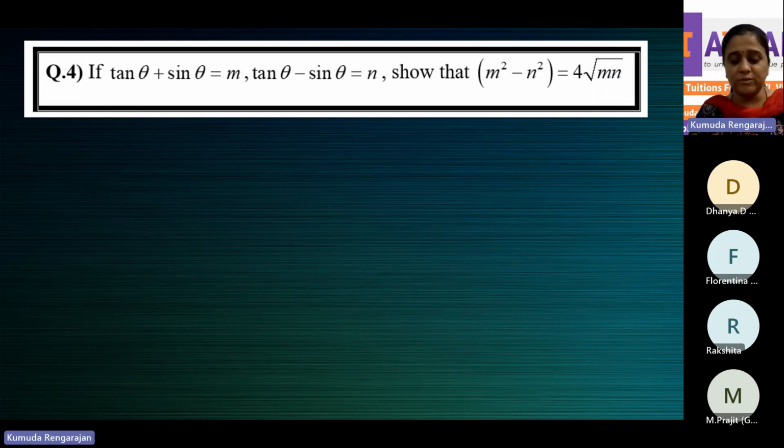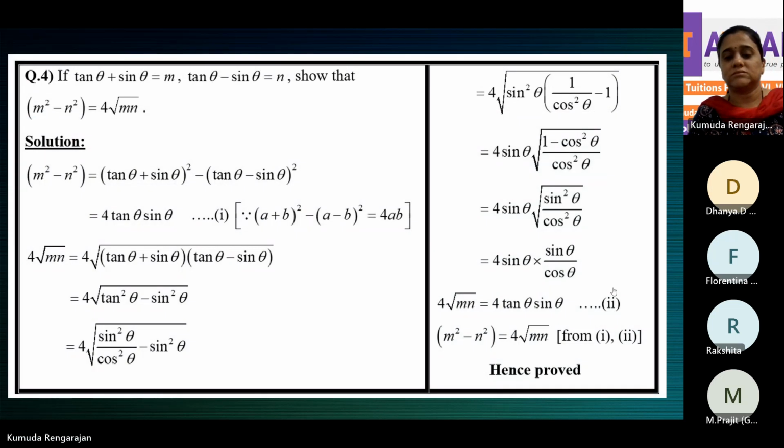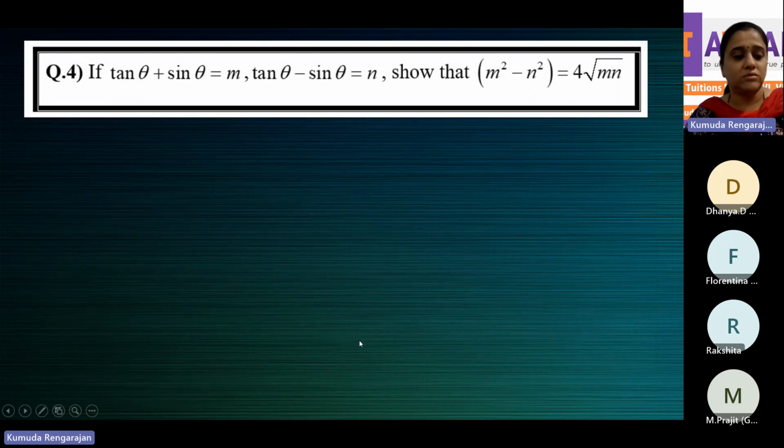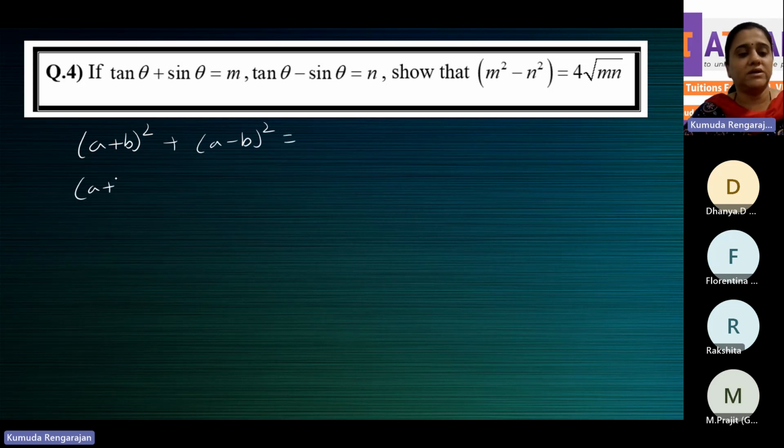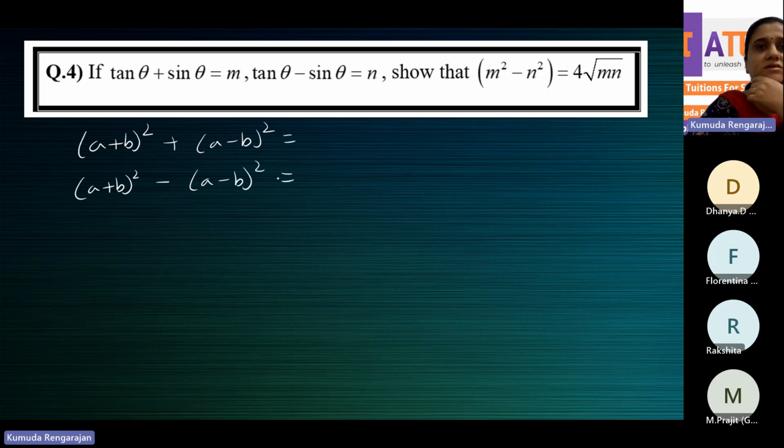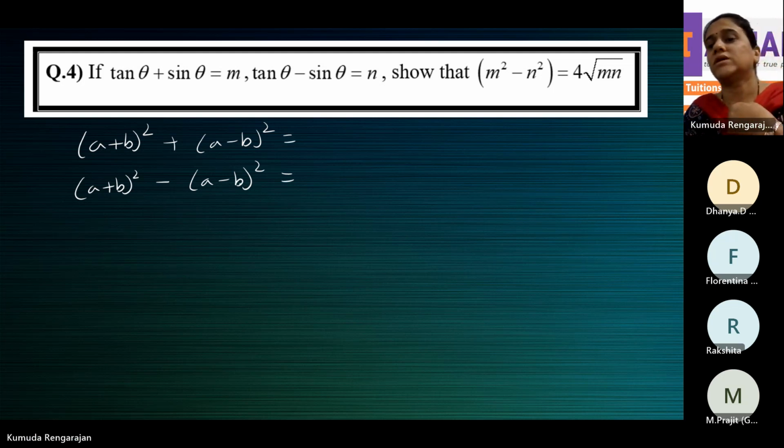This also is simple. You can help yourself. And recall this identity. What is a plus b the whole square plus a minus b the whole square? And what is a plus b the whole square minus a minus b the whole square? Complete these two identities. A plus b the whole square plus a minus b the whole square is what? 2 into?